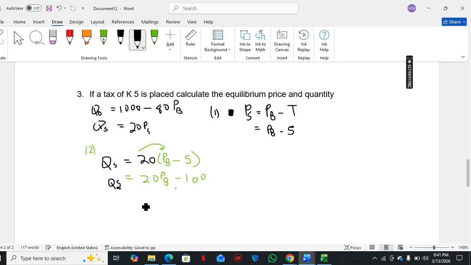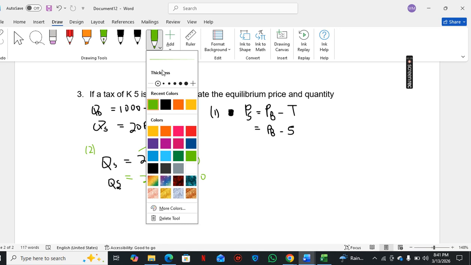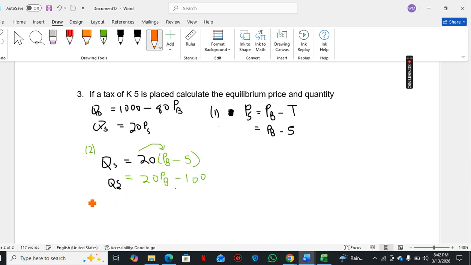So step 3, just like the way we were doing it earlier on to get equilibrium quantity: equate QS and QD.